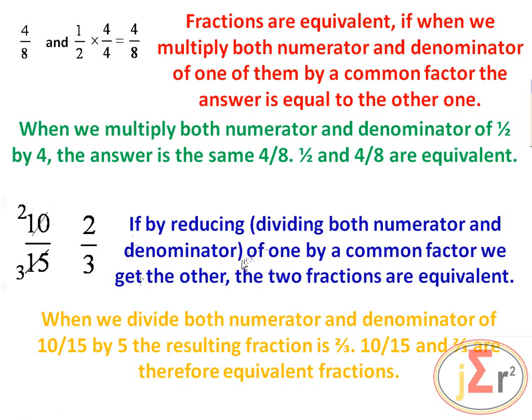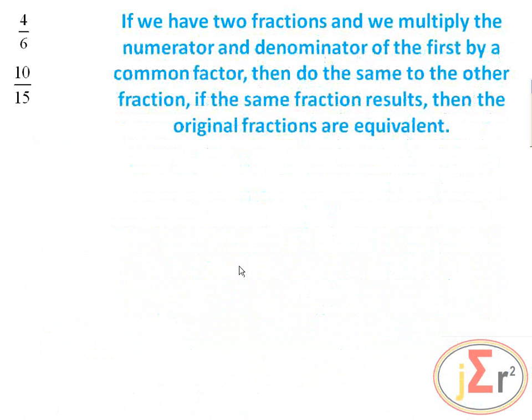We have another way of doing it. If we have two fractions and we multiply the numerator and denominator of the first by a common factor, then do the same to the other fraction. If the same fraction results, then the original fractions are equivalent. So let's do that. So we multiply 4 over 6 by 5 over 5. 5 4s? 20. 5 6s? 30. Then we say 2 10s? 20. 2 15s? 30. Right.